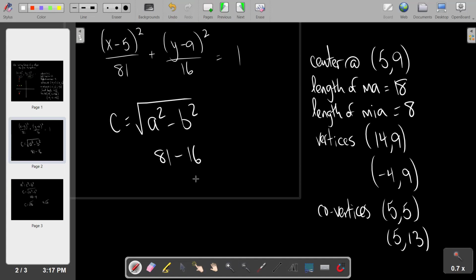And 81 minus 16 is 65. So we can say that the focal length is the square root of 65, which when the time comes to graph, we would say that's 8, basically. On a piece of graph paper, you'd have to go a tiny little bit past 8, which is almost imperceptible at that point. So for practical purposes, 8-ish, right? You'd still use your squiggly equal sign to say this isn't perfect, but close enough.